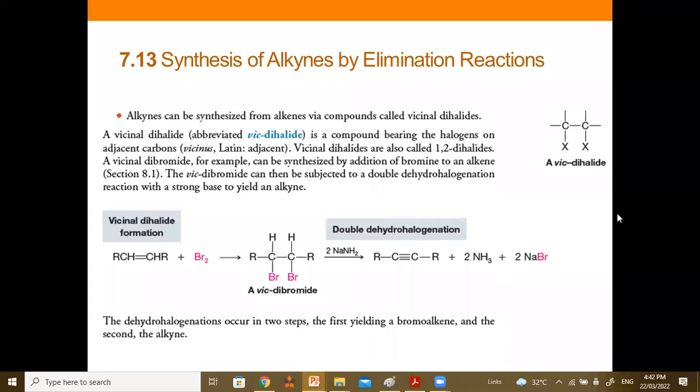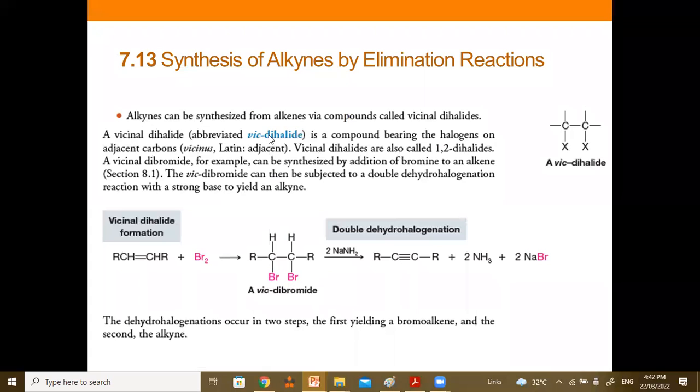Our starting material is usually a vicinal dihalide. This is a vicinal dihalide. These are 1,2 side-by-side halogens, and we also do elimination reactions.